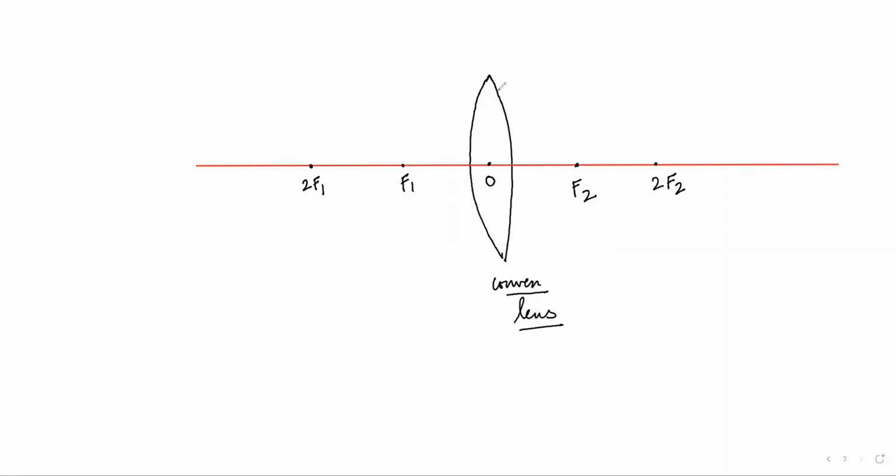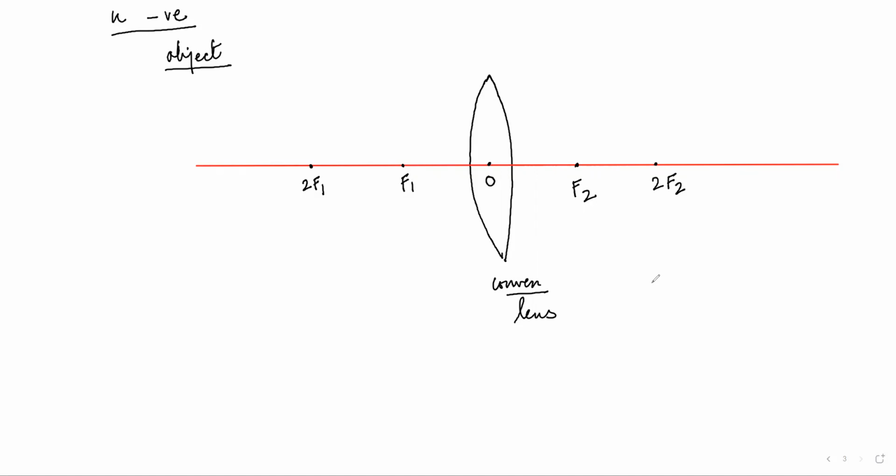All right, but we always think the object is on the left of the lens. Hence, u is always negative or positive? Yes, students, please help me. u is always negative. All right.